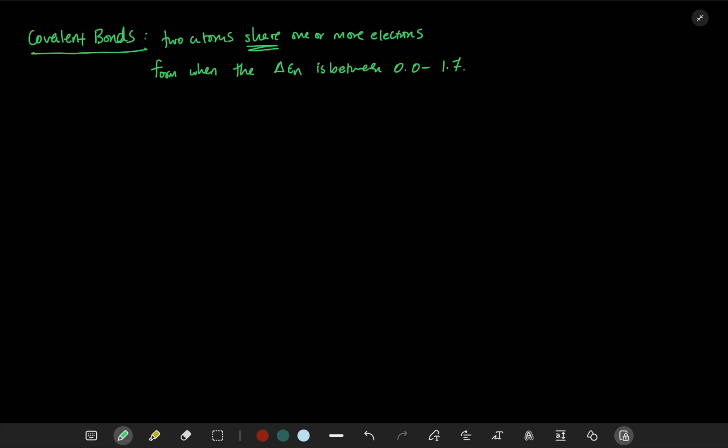So when we talked about ionic interactions, we discussed that ionic interactions form when the electronegativity difference between two atoms is greater than 1.7. So when it's less than 1.7, you end up having covalent bonds.